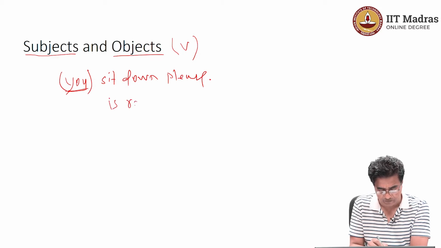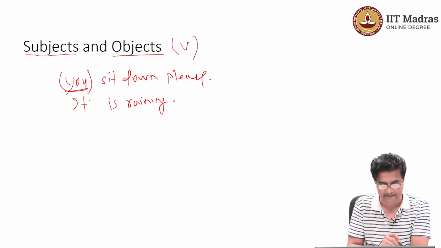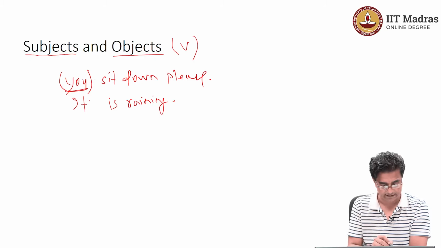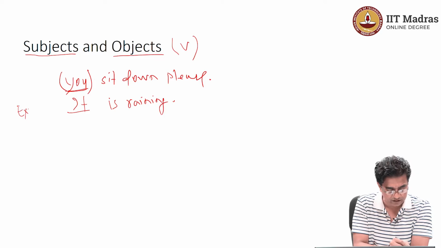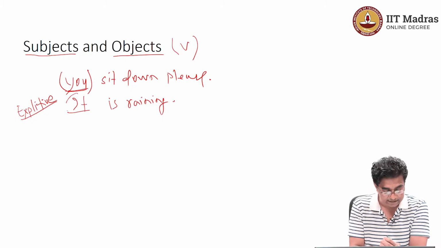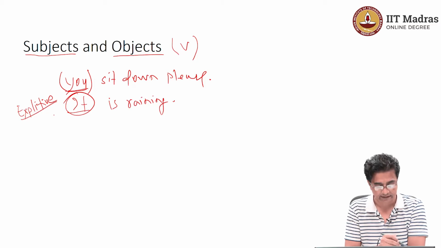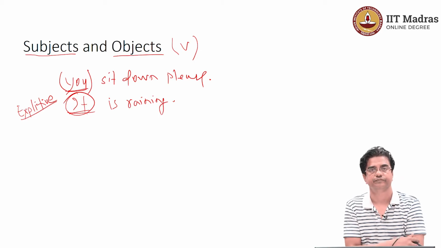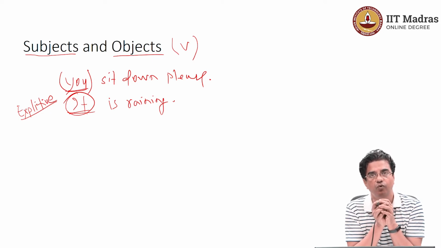Sometimes when we have a sentence like this, we use it as a subject in the sentence. This it is technically called expletive, because this is semantically vacuous. It has no meaning and it comes just to fill the subject position. Because in English, a subject must be overtly present.